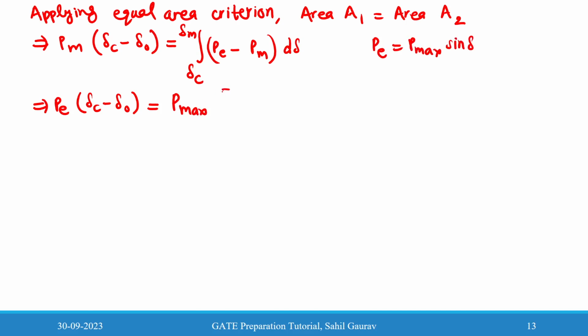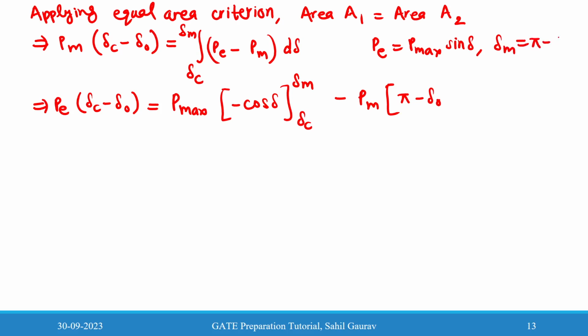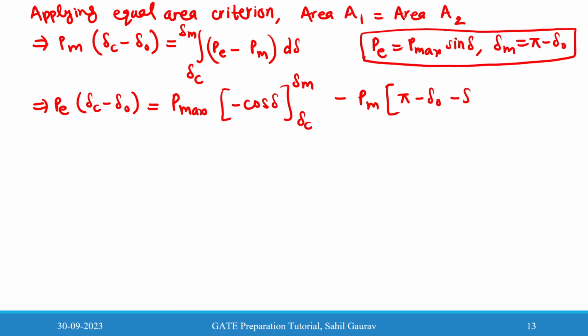So taking integration of sine delta will be minus cos delta, from delta c to delta m, minus Pm times pi minus delta naught minus delta c, and also we know that delta m is equal to pi minus delta naught.